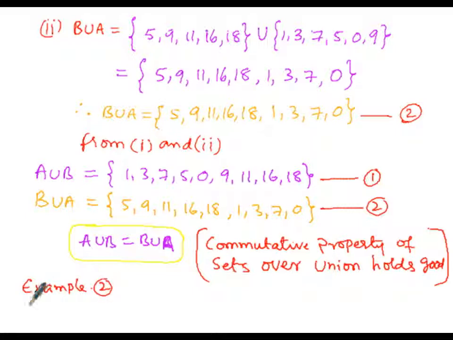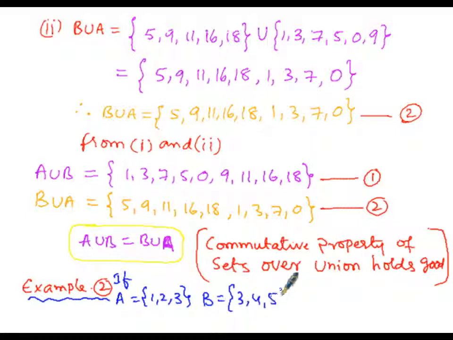The second example is: if set A equals 1, 2, 3, set B equals 3, 4, 5 and set C elements are 5, 6, 7, 8, 9.